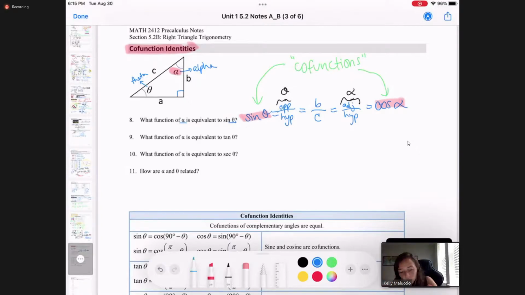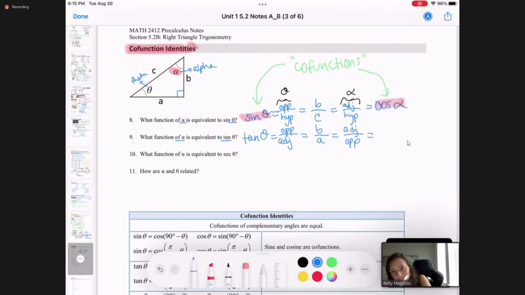So now let's take a look. What function of alpha is equivalent to tangent theta? Again, let's start with tangent theta. TOA, that's opposite over adjacent, which in this case is B over A. And in terms of alpha, this would be adjacent over opposite.